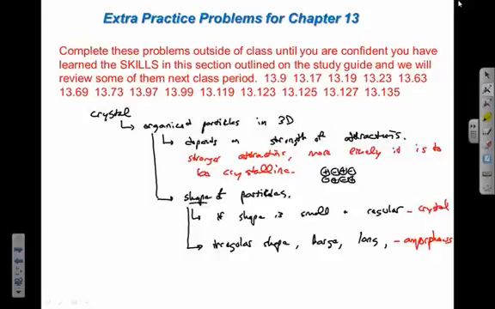Good question. So, if you're talking about lattice energy, you're talking about a crystal. So what we're talking about here is the energy holding together this crystal. So, lattice energy is usually measured in the quantity of energy, like joules or kilojoules, per mole of the substance.